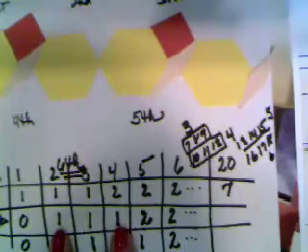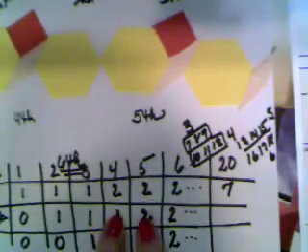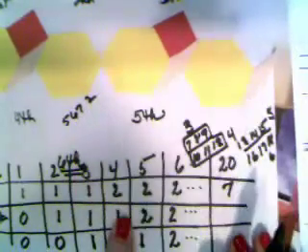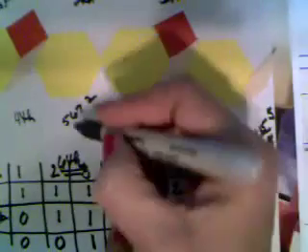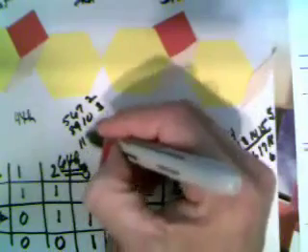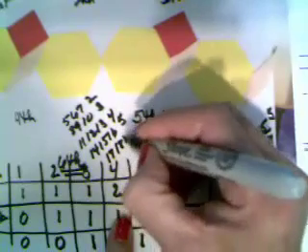Alright, so now we're starting at 2, 3, and 4. Groups for our rhombi. 5, 6, and 7 would have 2. 8, 9, and 10 would have 3. 11, 12, and 13 would have 4. 14, 15, and 16 would have 5. 17, 18, and 19 would have 6.